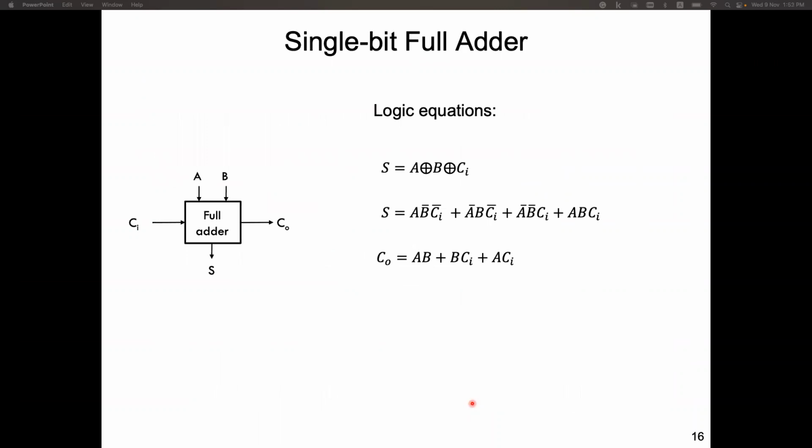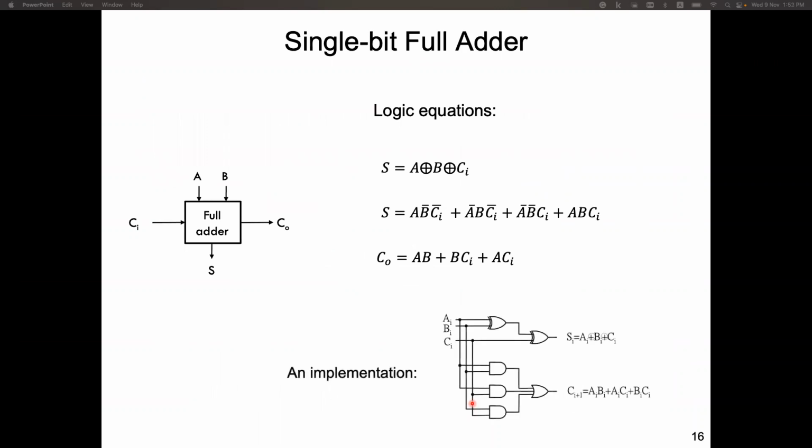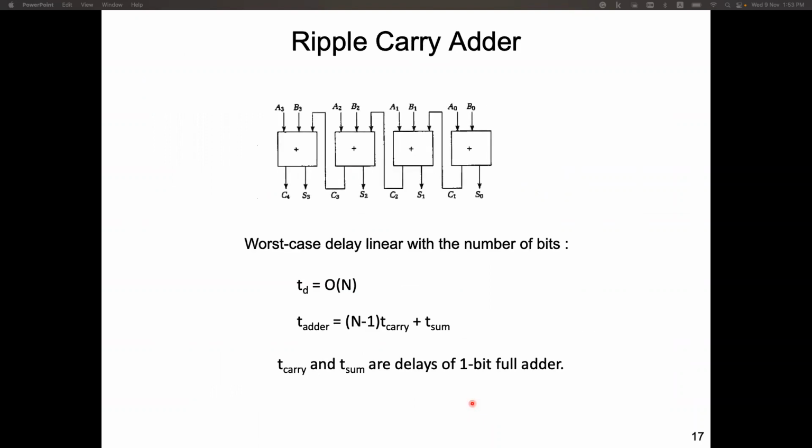We've discussed this. A single bit full adder basically has 3 inputs, 2 outputs. And a straightforward implementation of a multi-bit binary adder is to cascade 1-bit full adders in series. So the carry bit is connected in series.